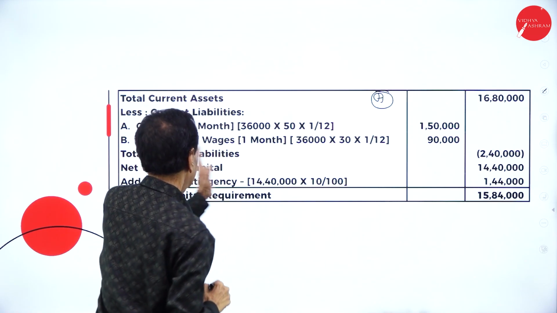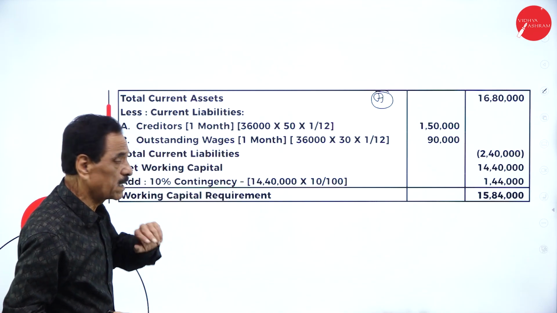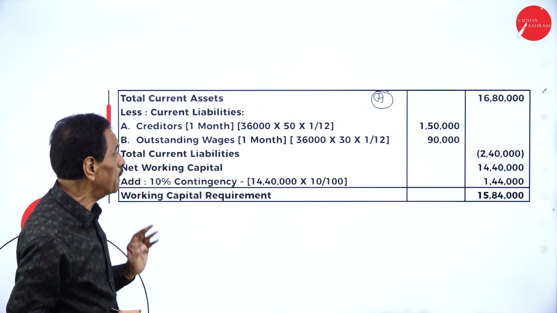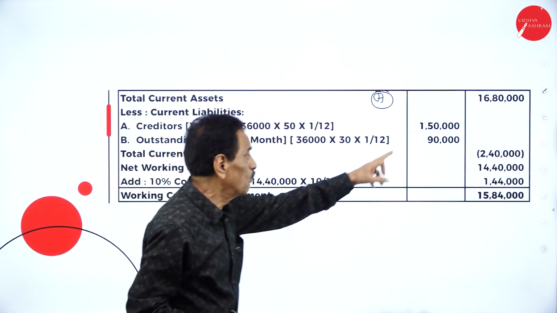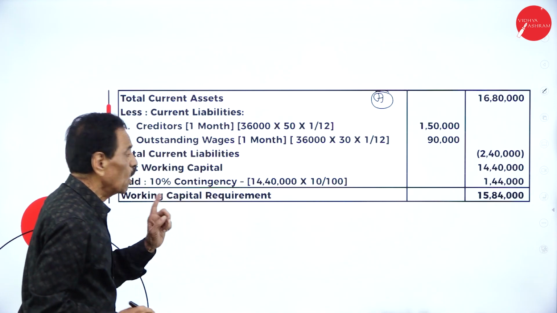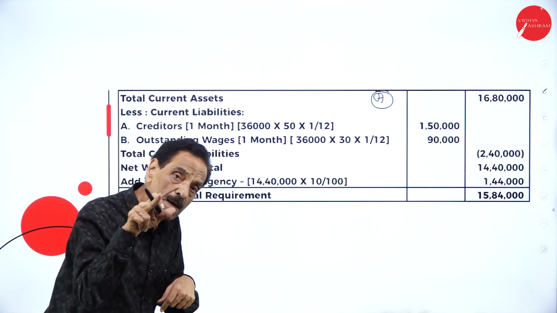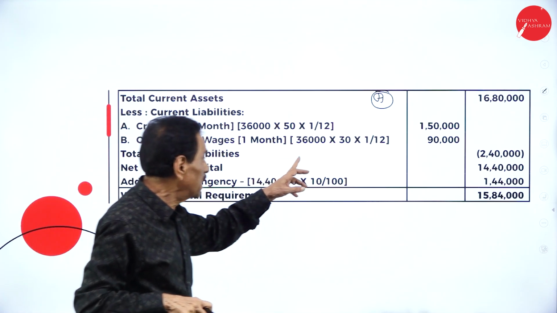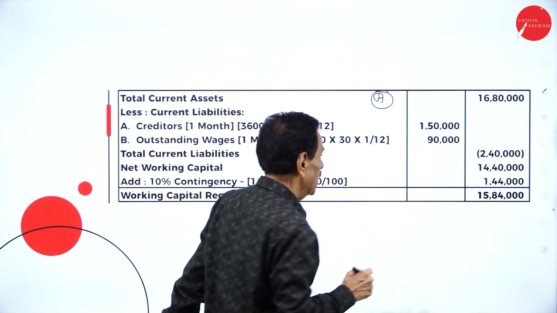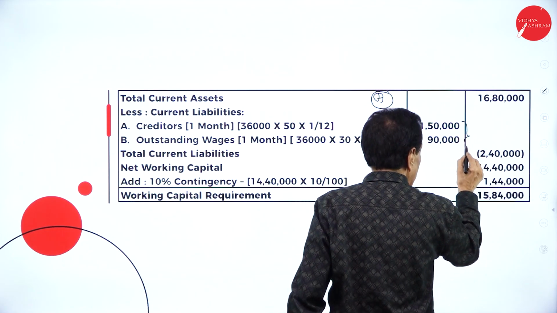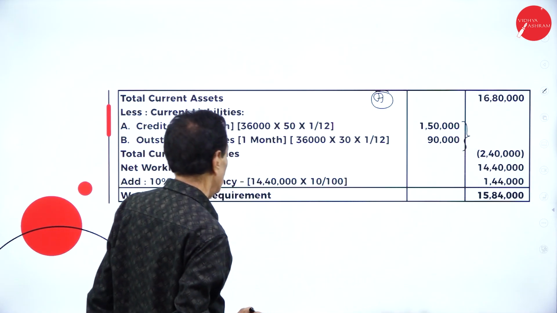Then less current liability. Creditors for material supplied: 36,000 divided by 12, 1 into 50, 1,50,000. Outstanding wages, lag in payment of wages 1 month: 36,000 divided by 12 into 1 into 30, 90,000. Totally it works out 2,40,000.